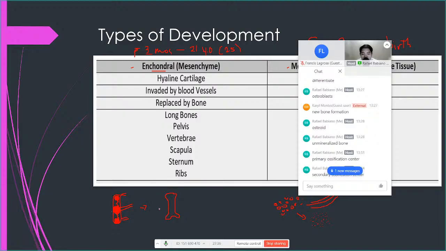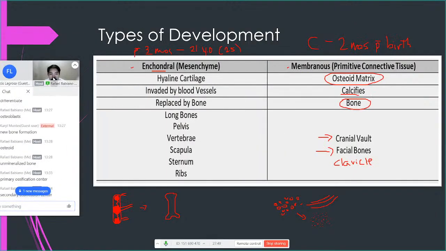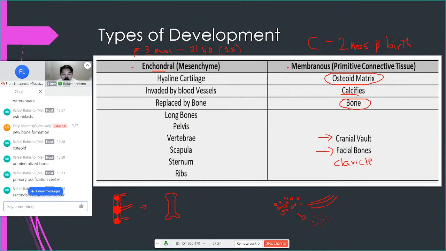Alright, so as the child grows, the bone develops through endochondral ossification. Now, what bones are made through endochondral ossification? The bones that were not mentioned in intramembranous. Just remember, cranial vault, facial bones, clavicle.